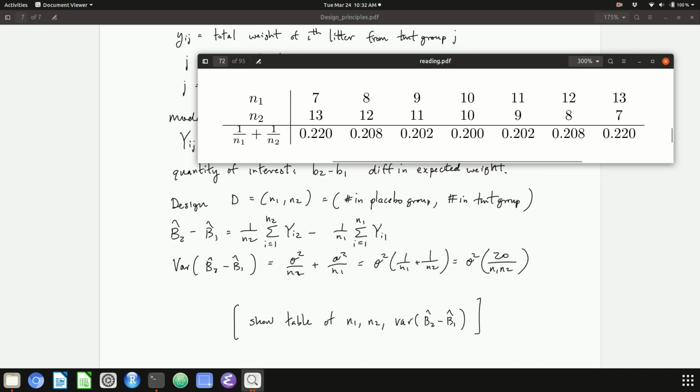What might be slightly surprising is that if you do 9 and 11, you get something that's actually very, very close. So if for some reason you could only assign 9 to the hormone group, you actually don't lose a whole lot in terms of increasing the variance of the estimator.